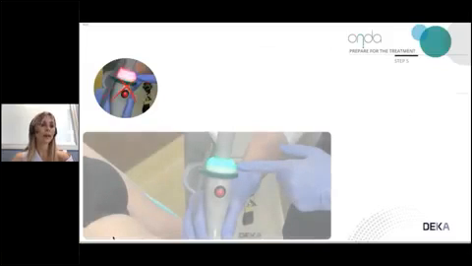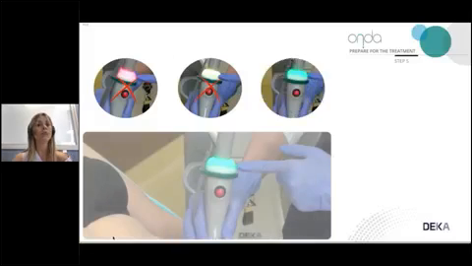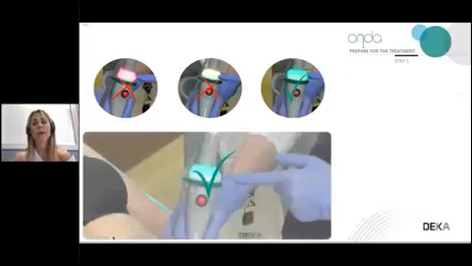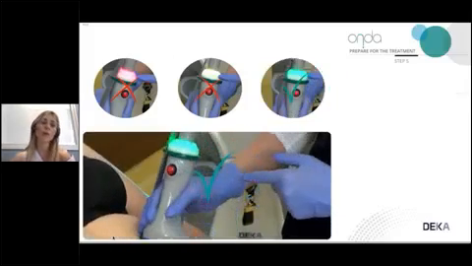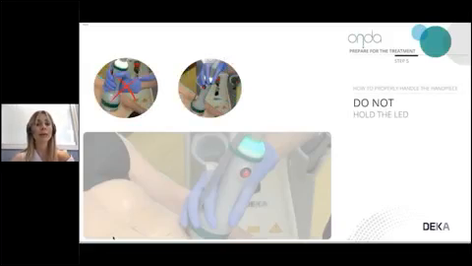You see, the red light means that we are not in contact. The yellow light means that we are delivering half of the energy, so we have to fix our position. The green means that we are working in the right way. So we will start to perform linear movements and large movements.